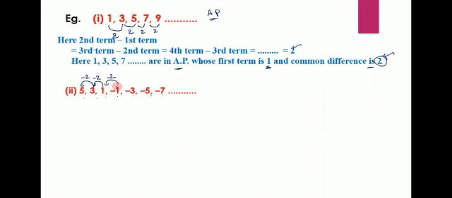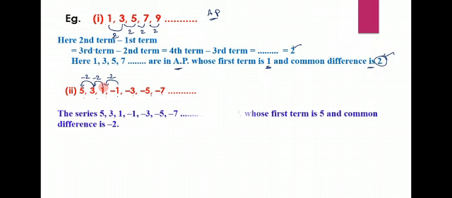Likewise, if you check that the difference between two consecutive terms remains the same, then only it is said to be an AP. So this sequence is an AP, because the difference between two successive terms is the same, with first term 5 and common difference minus 2.